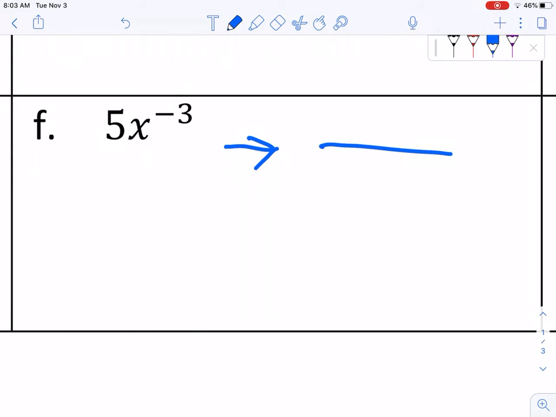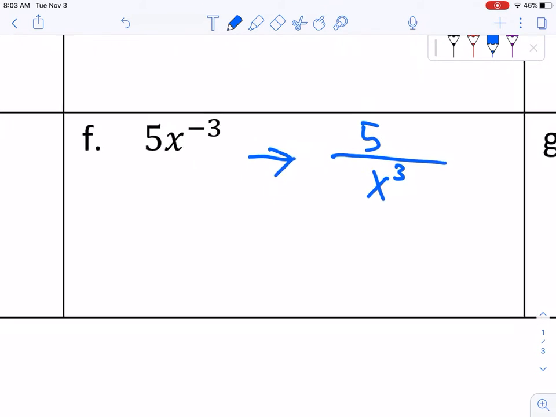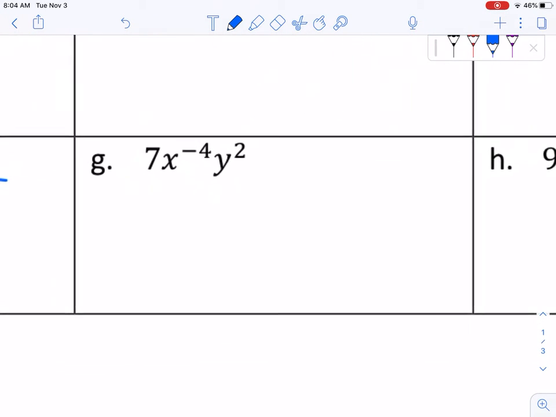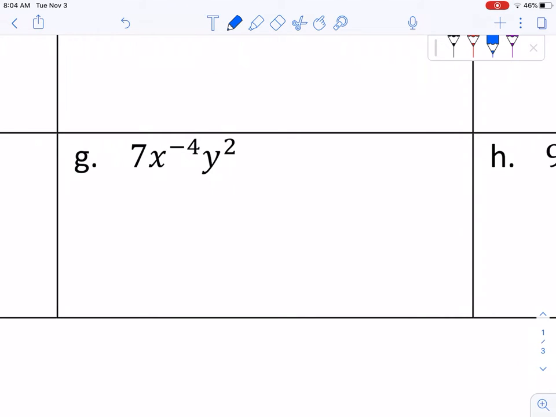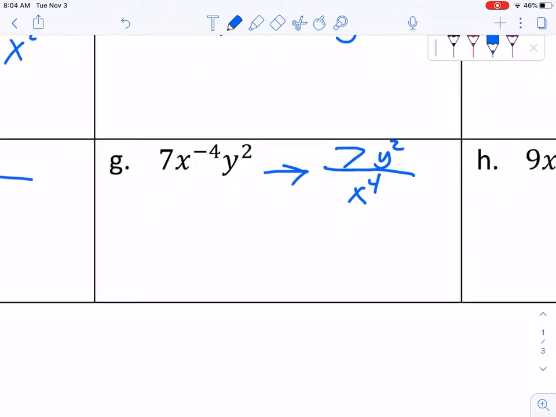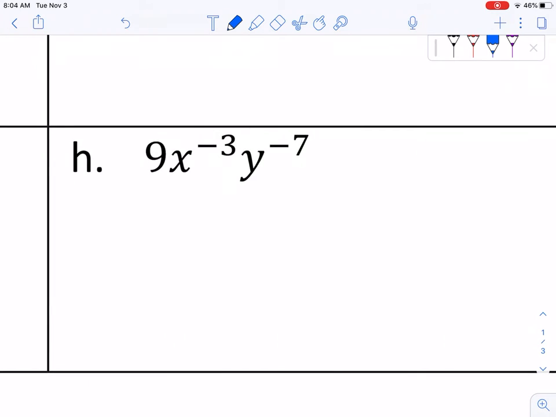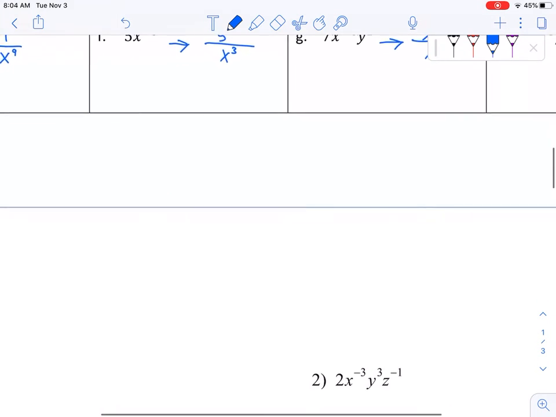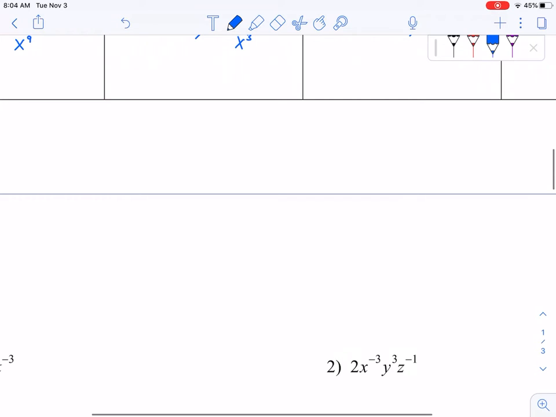So this 5 stays, x to the -3rd moves down to become x to the +3rd. Means it's in the wrong place. So we just kind of identify what needs to move, and then we move it.